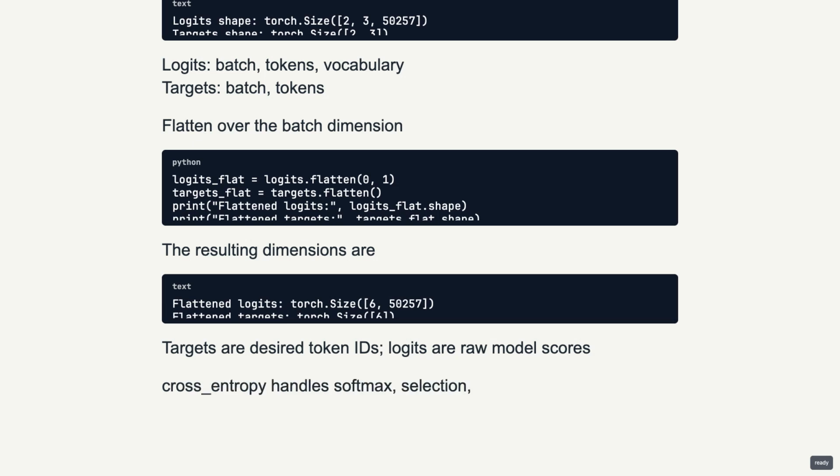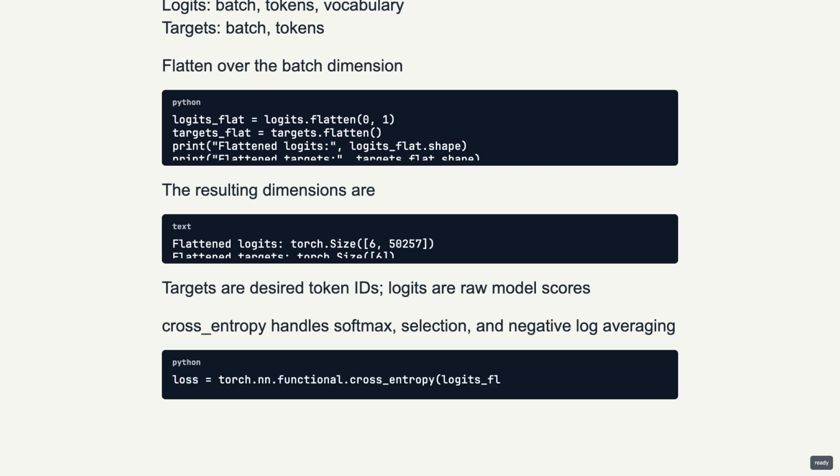The built-in function bundles the manual steps into one call. It applies the normalization, picks out the target positions, and computes the loss in a single operation. With the flattened tensors in place, the loss call becomes very short. PyTorch does the probability transform and target comparison internally.